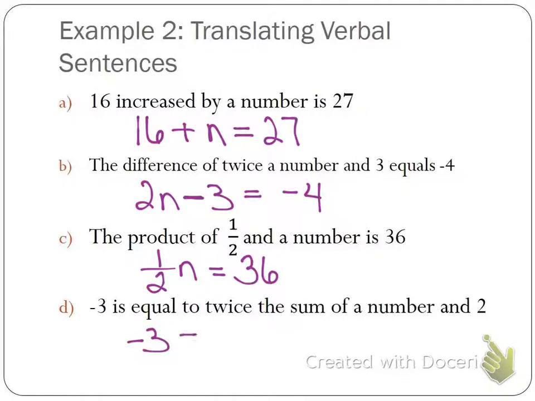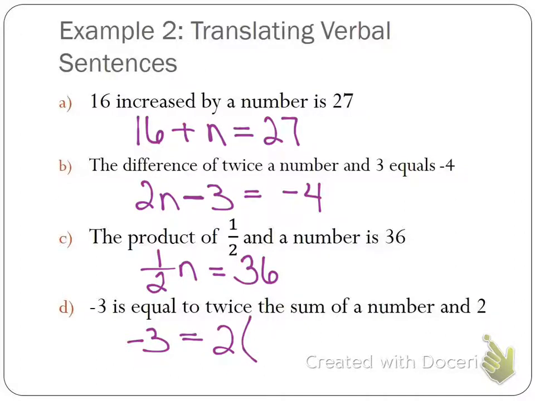-3 equals. Now we have this twice the sum. Twice the sum. Well, this is what we call two operational words that are right next to each other. Do you agree? Twice is multiplication, sum is addition. So anytime we see two operational words right next to each other with no number in between, that means we're going to have parentheses.